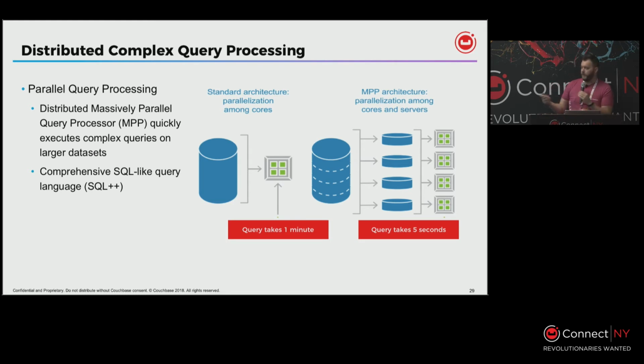But in an MPP-based architecture, we not only parallelize across all of the available cores, but we actually spread that across all of the available nodes that are a part of the cluster. So as your requirements grow, you're able to add more analytics nodes to service those requests and meet the SLAs.